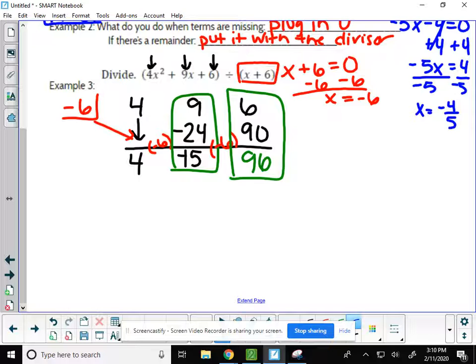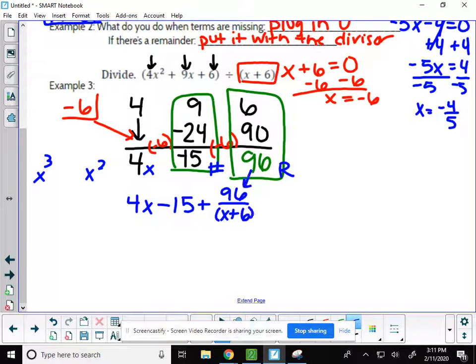So this, you're always going to start at the right-hand side. Remainder, number, x. If you had more stuff, it'd go x squared, then x to the third, so on and so forth. So your answer is 4x minus 15, and since you have a remainder, you're putting plus 96 over x plus 6. Okay, here's your remainder, then your divisor goes on bottom. And that's going to be your answer for that.